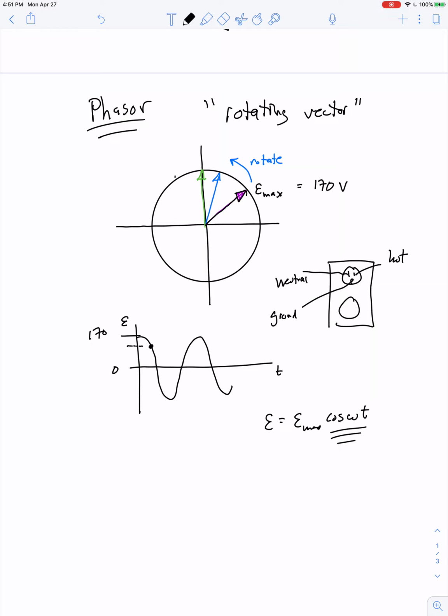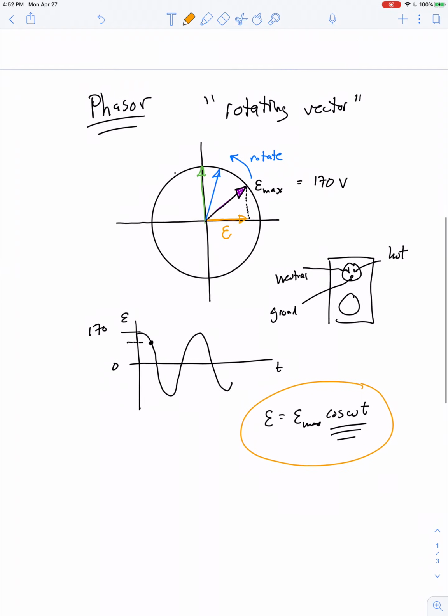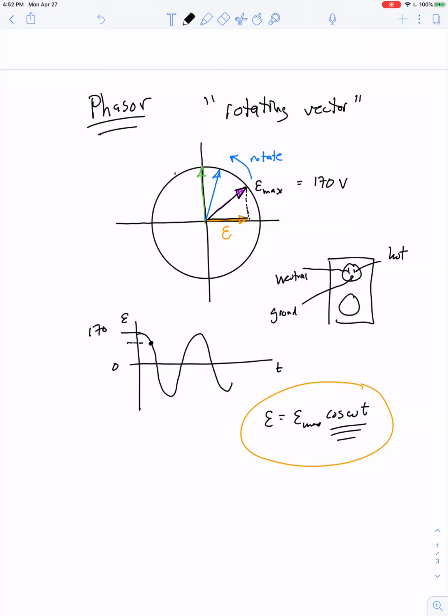Here's what we mean. If you take the projection of the phasor onto the x-axis, that's the instantaneous value of the EMF, right? So, in fact, this is probably a good expression then for the EMF. So let's think about it. Let's say at time t equals 0, the phasor is in this position.